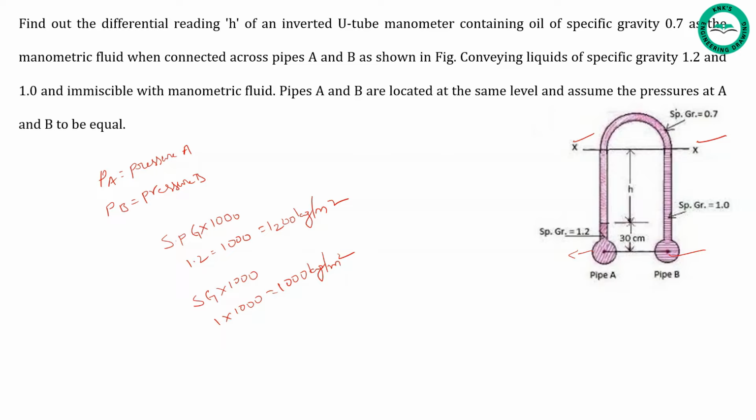Next, density of oil, that is light liquid, is 0.7. So specific gravity of light liquid into 1000, which gives 0.7 into 1000, that is 700 kg per meter cube.